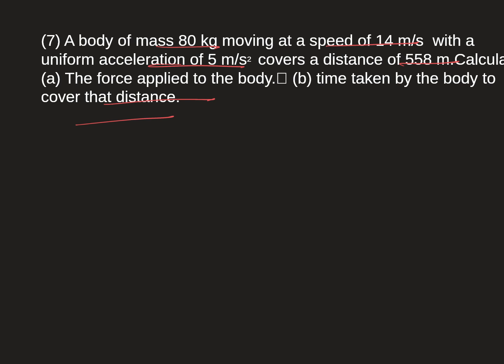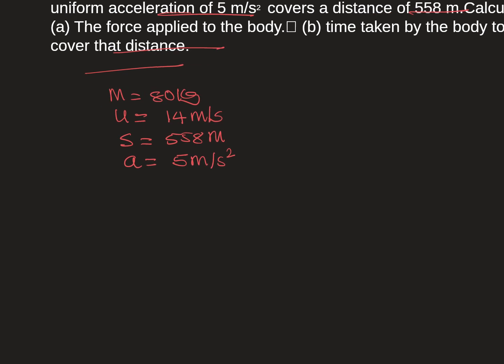So we have the mass of the body as 80 kilograms. The initial speed is 14 meters per second. The distance is 558 meters, and we also have the acceleration as 5 meters per second squared.